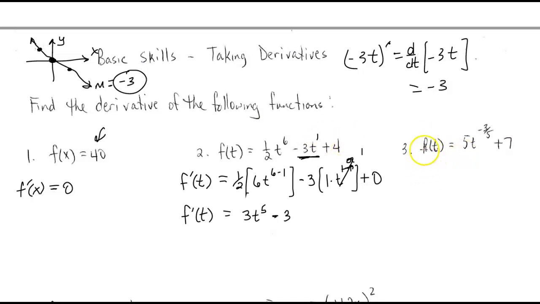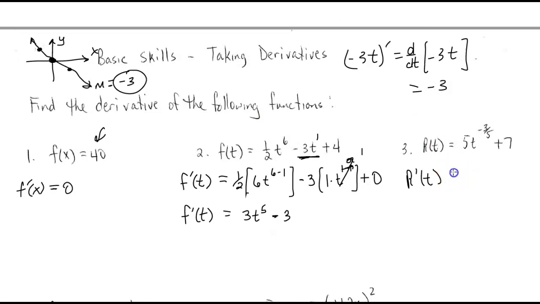All right, so let's move on to number 3. For number 3, we want to take the derivative of this function here. And notice that for the first term, we have a constant multiple, so we're going to ignore that for now. And then we're going to multiply it times the exponent here.